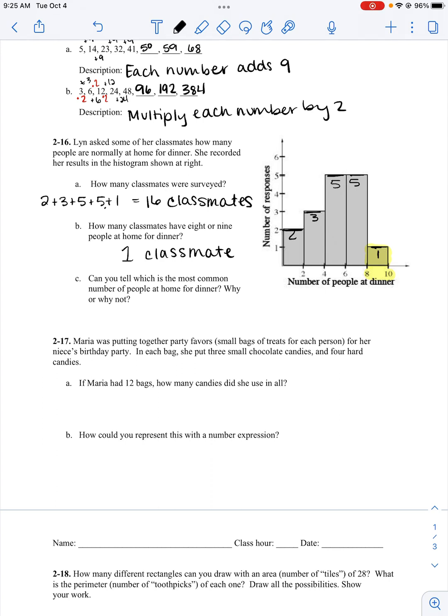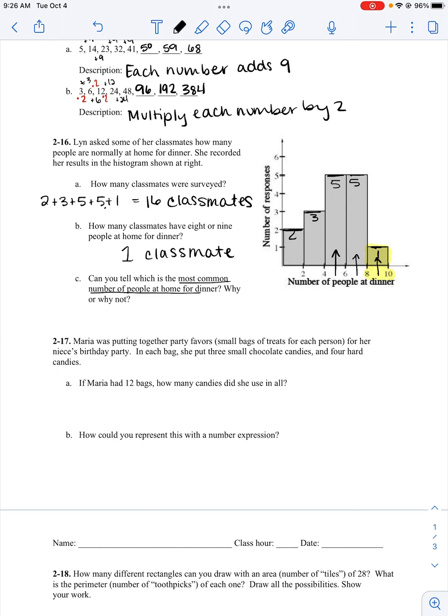So, part C, can you tell which is the most common number of people at home for dinner? Why or why not? So if I look here in this 4 to 6, do I know if it's 4 or 5 in this column? Or do I know that it's 6 or 7 in this column? Or do I know that it's 8 or 9 in this column?